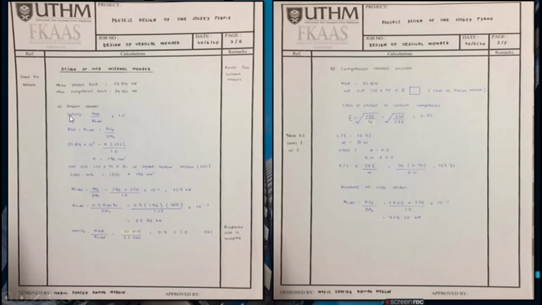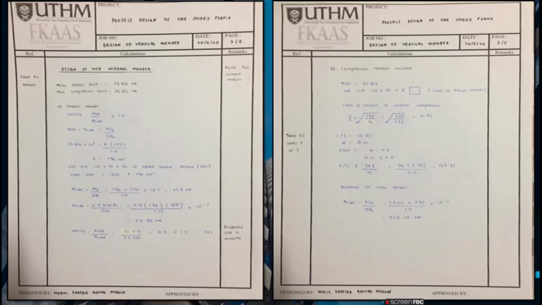Firstly, I design the internal member by using the maximum tension force and maximum compression force value. Firstly, for the tension member, I use the formula NEd over NtRd is less than 1.0.